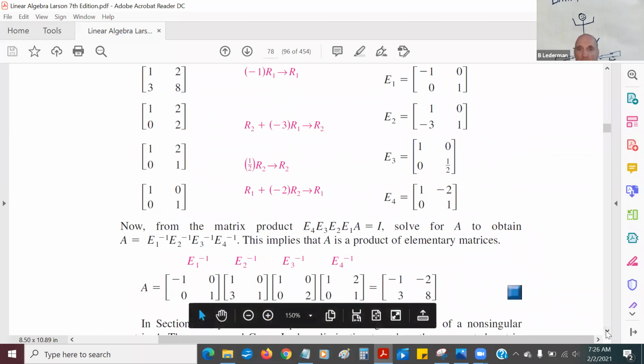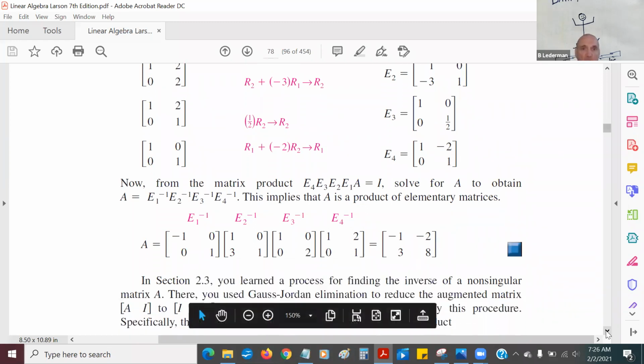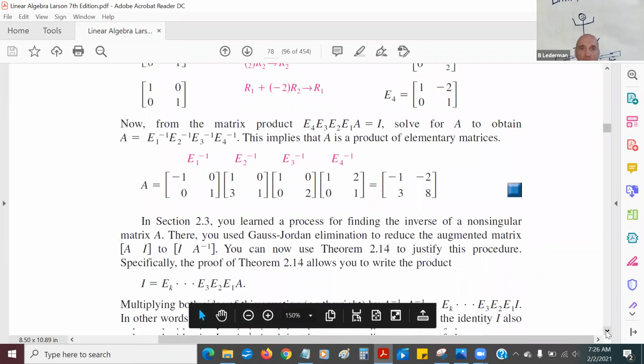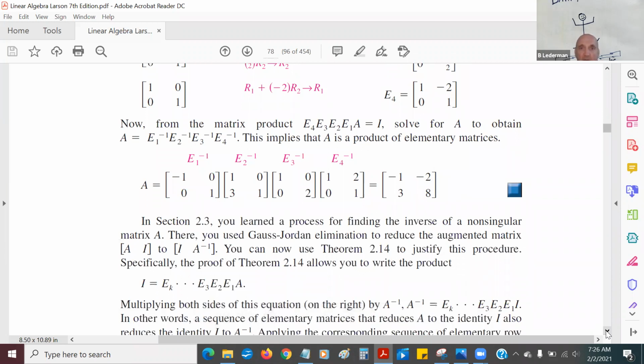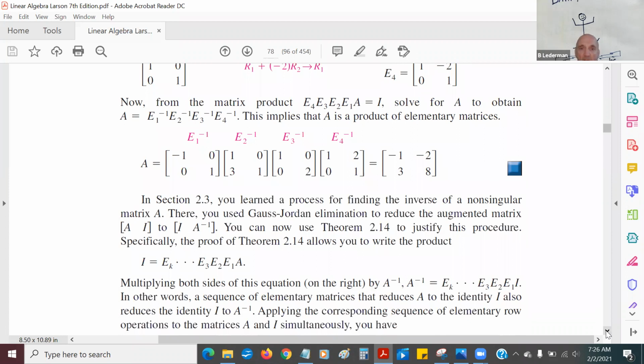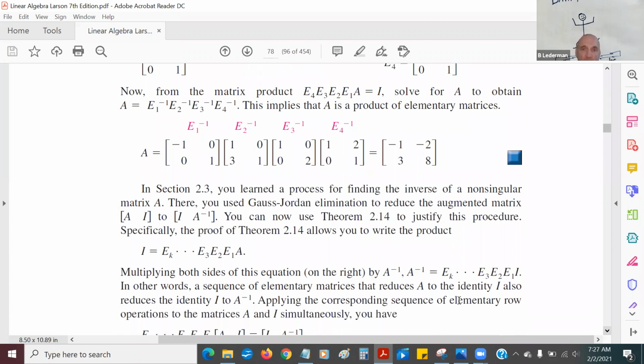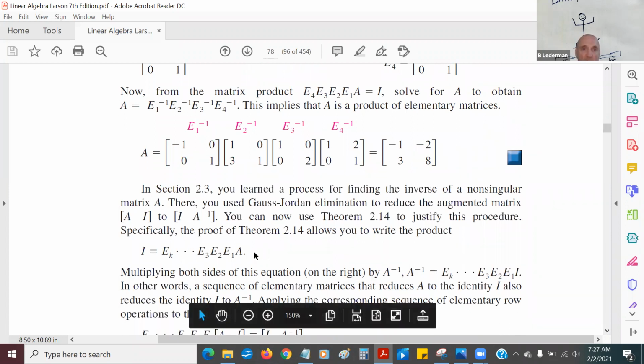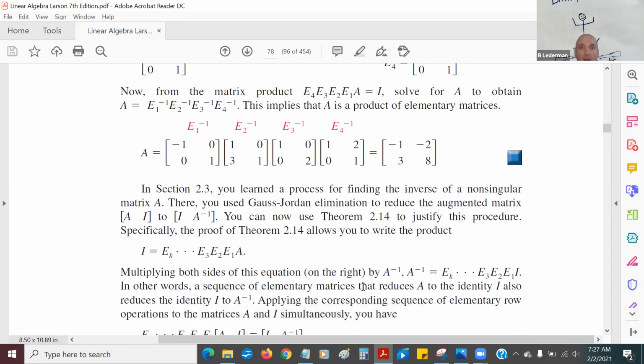Anyway, now in section 2.3, we learned the process for finding the inverse of a non-singular matrix A. And we used Gauss-Jordan elimination. We started with A, we did all these different operations, we got the identity.